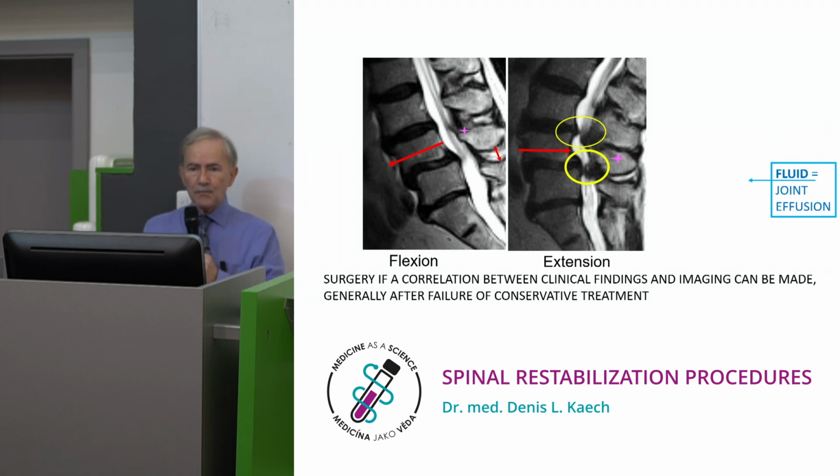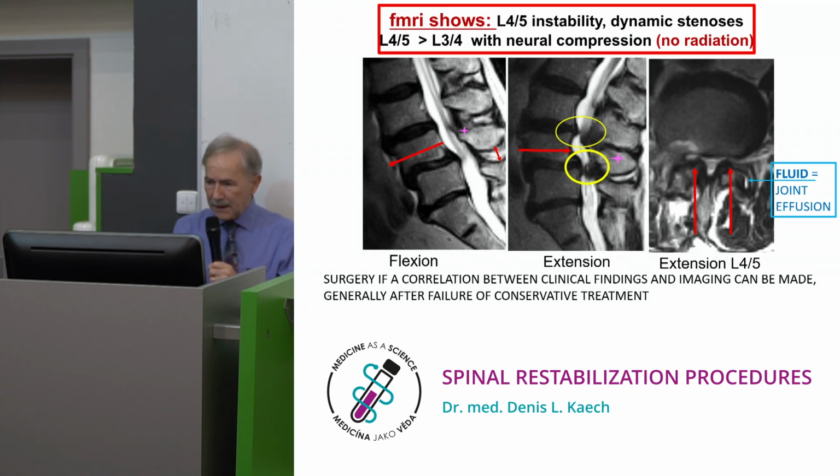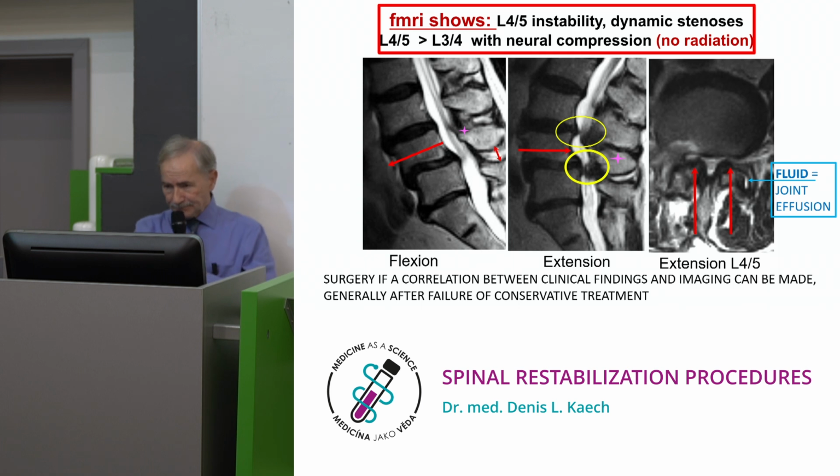And when you do an upright extension MRI, where the patient is loading, where you have the body weight on these segments, you see that there is a dynamic stenosis on 2 levels. CSF here, and bulging of the disc, the ligamentum flavum. Here, CSF, okay, but here it is stenotic. And the next one shows axial.